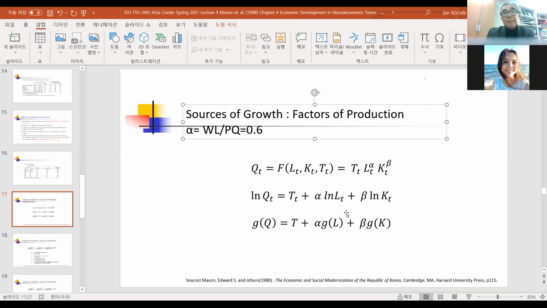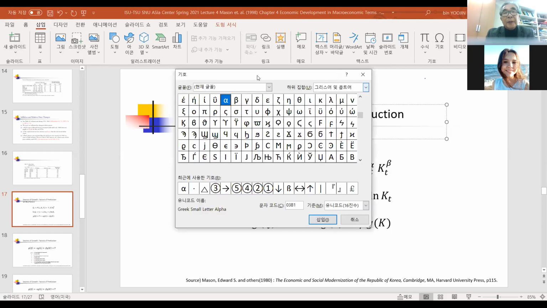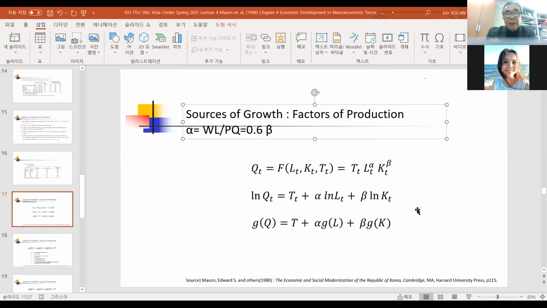Another thing is beta, right? So beta is, let me see if I can find beta. Yes, here is beta. So beta is the share of, for example, R times K, rental rate.